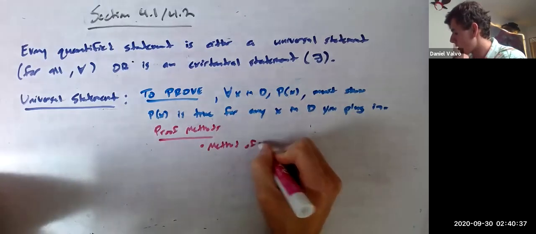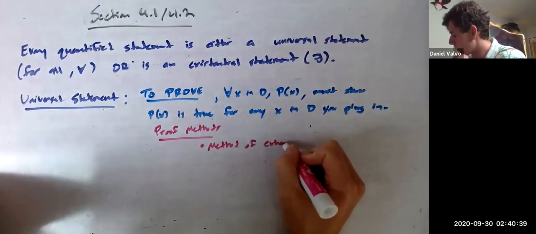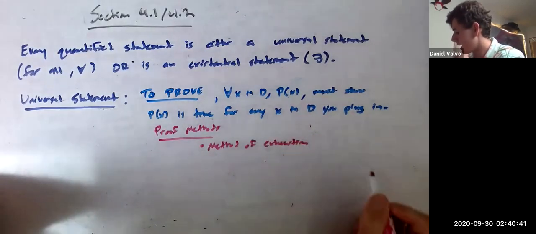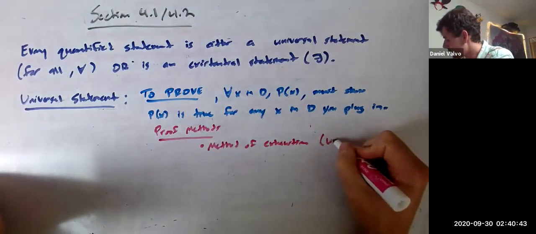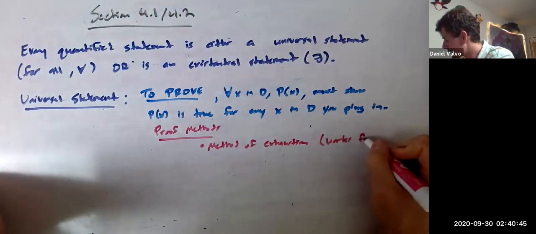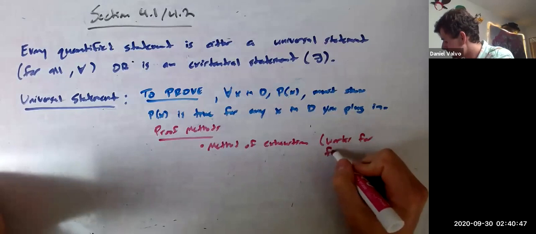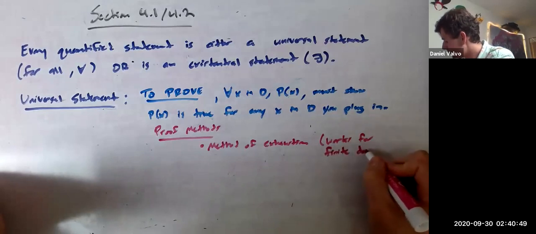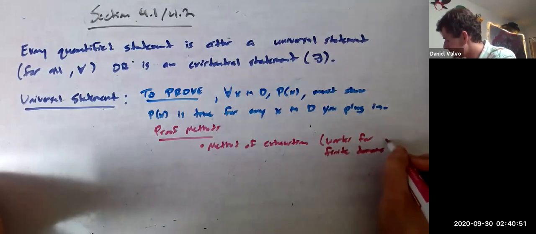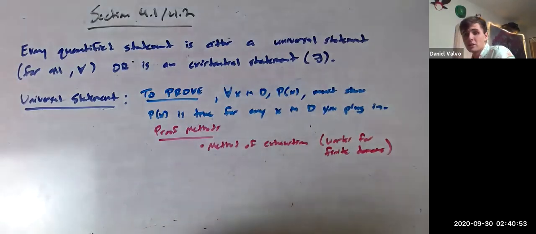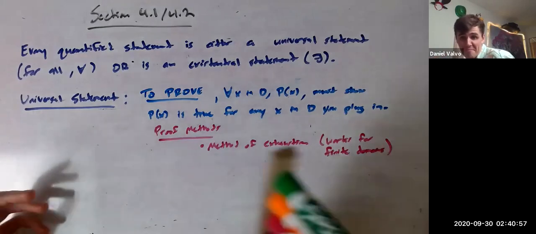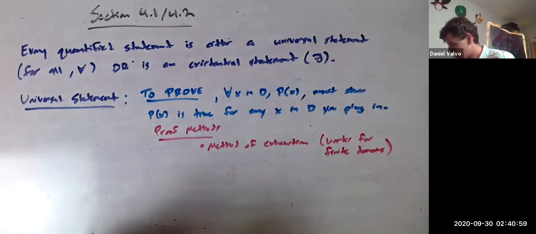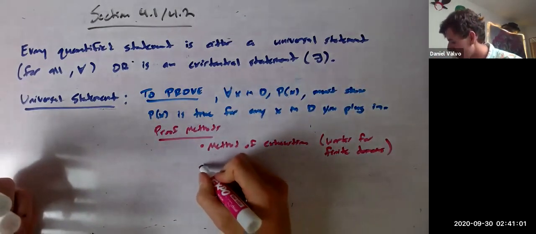We had method of exhaustion. And this works for finite domains. So theoretically, for finite domains, you could always use method of exhaustion if you had enough time, right? We've been over that before.